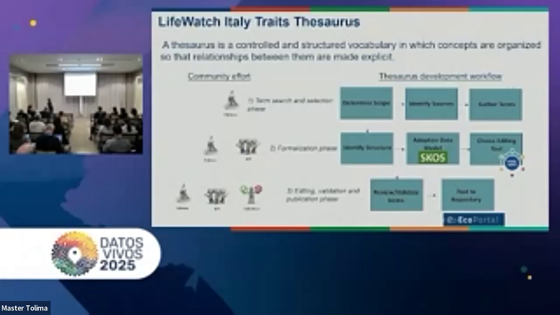We have editors, we have informaticians, but we have also validators. The last group is the most important because it represents the scientific community. So for example, for the trait thesaurus, we involve in the validation phase a high number of experts from different countries of the world.